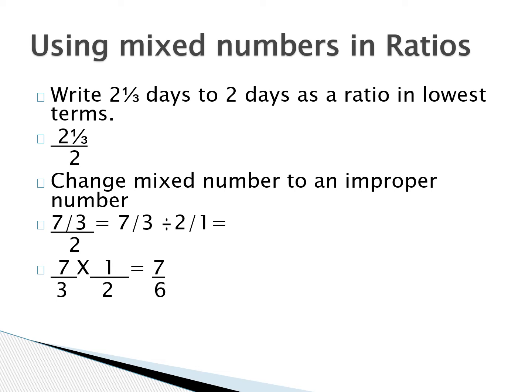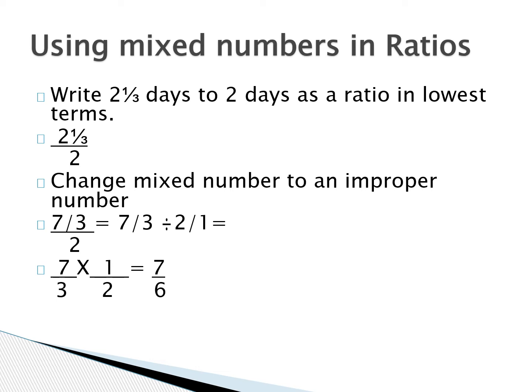We're going to change that 2 1/3 to 7/3. They just did a division with that line. Don't get freaked out about that. If it's going to mess you up, just go ahead and write it out as a division problem if you'd like, whatever makes sense for you.